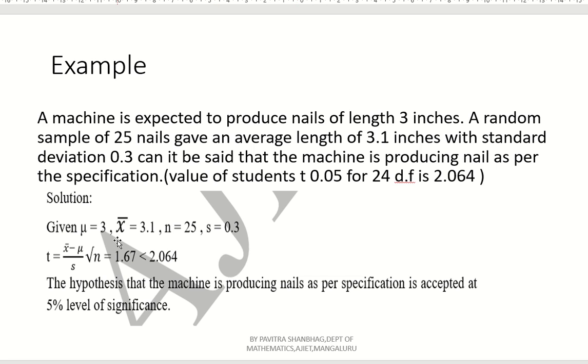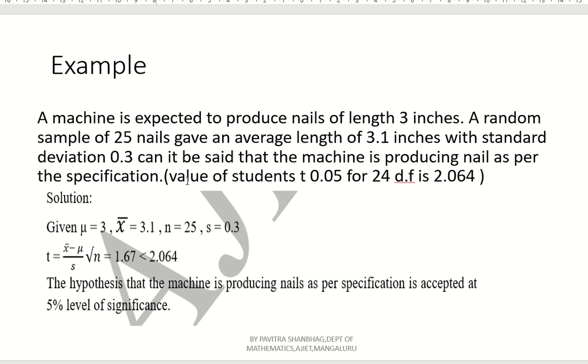Now what is given here? Mu equal to 3. See, expected to produce; expectation means mean. So mu equal to 3 and what is given here? X bar equal to 3.1, the sample mean given, and n equal to 25, and what is the standard deviation?